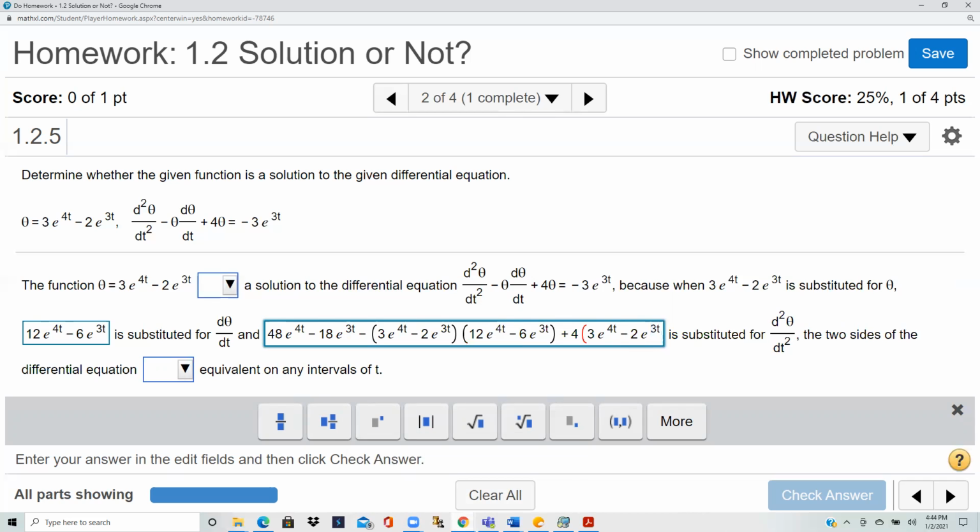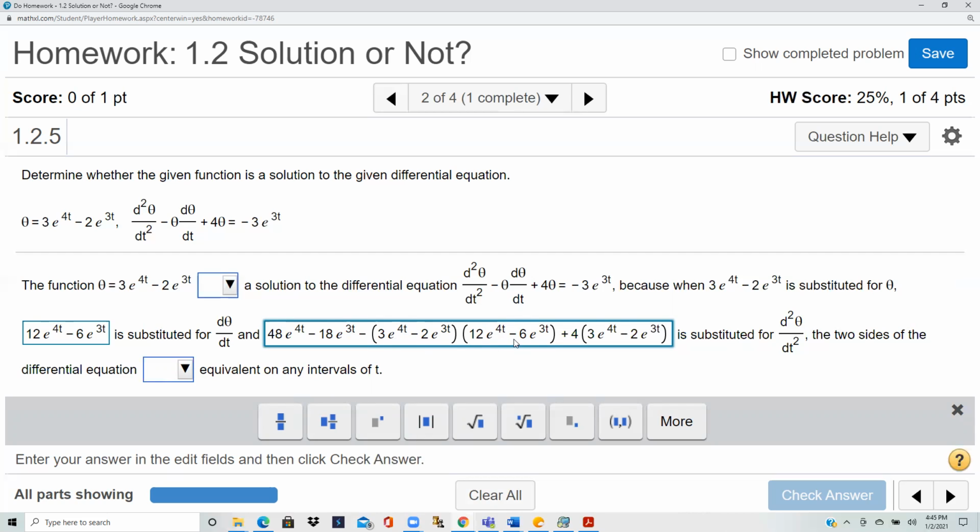Okay. So now the question is, will all of this simplify and give us this negative 3e to the negative 3t or not? So let me just briefly tell you what will happen here. When we multiply these two, you'll get 3 times 12 is 36, and e to the 4t times e to the 4t is e to the 8t. So the first term of this expansion will be 36e^8t.